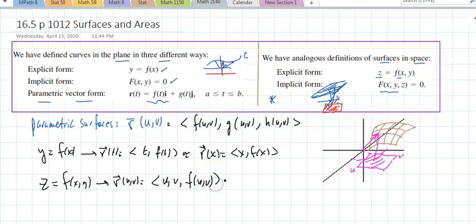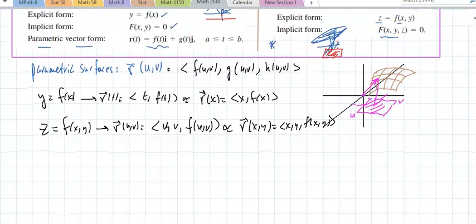Or I could simply say, you know what, forget that. I'm just going to find a function in terms of x and y instead of u and v, and that would be x, y, and z, which is f of x, y. So something we really have to get used to. Not very pleasant, right?